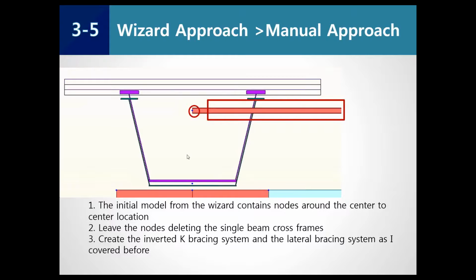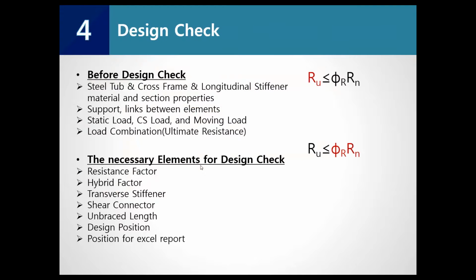And let's move on to how to do design check setting. What we have done so far is the process of just creating a bridge and defining things. But let me go over what we have done until now. We created steel top sections, cross frames and longitudinal stiffeners. This one will be covered later on.